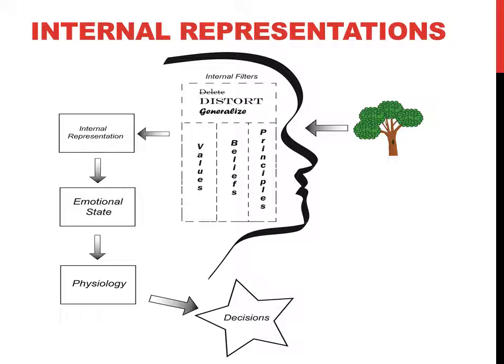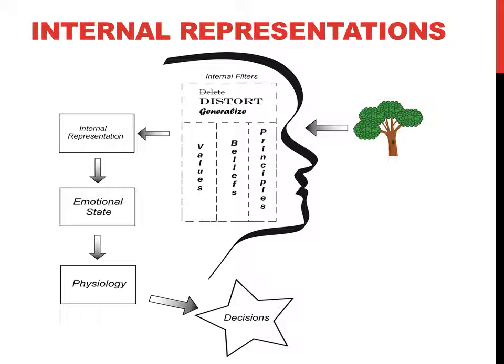on our decision processes. These internal representations are the basis of how we are going to go about making these decisions. In other words, our internal map is something that we construct based on what we believe to be important, what we believe to be true, and how we approach or operate in the world.